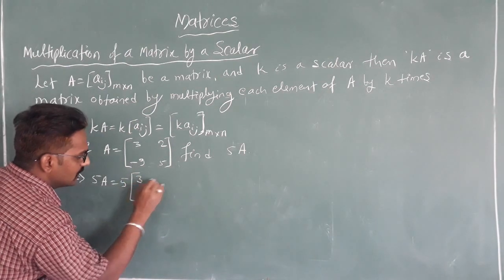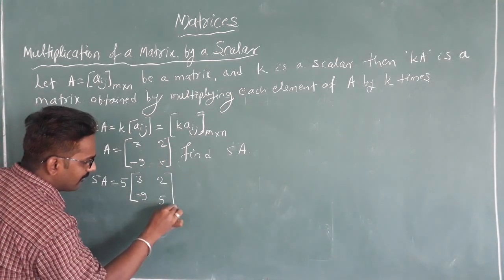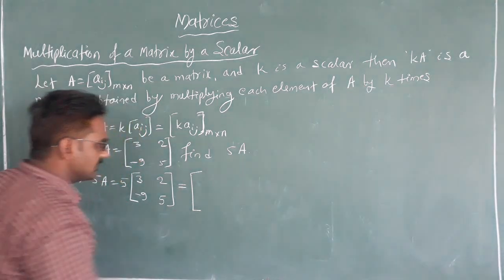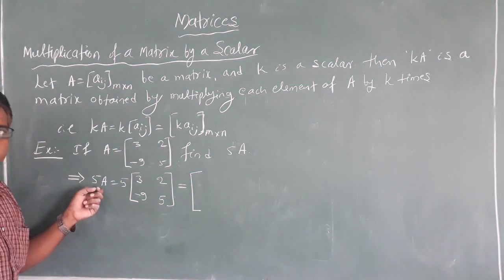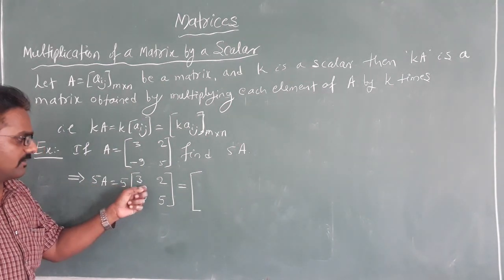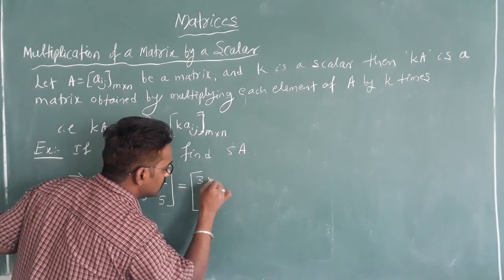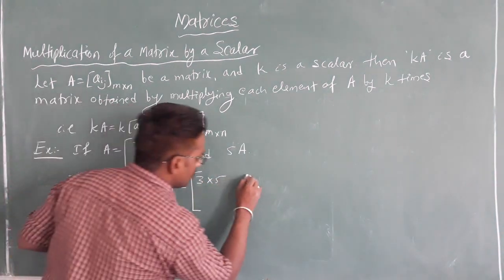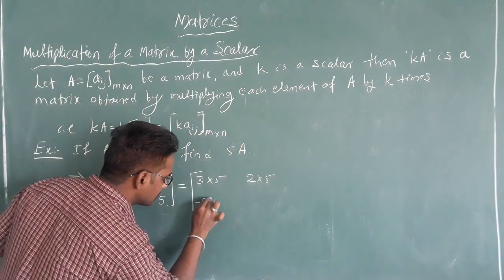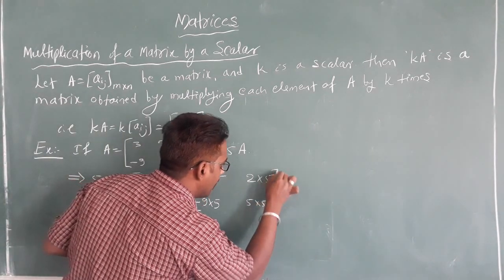A matrix of the order 2 cross 2: 3, 2, minus 9 and 5. What is the definition? 5A is a matrix obtained by multiplying each element of the given matrix by K times. So that is 3 into 5, 2 into 5, next minus 9 into 5, next 5 into 5.